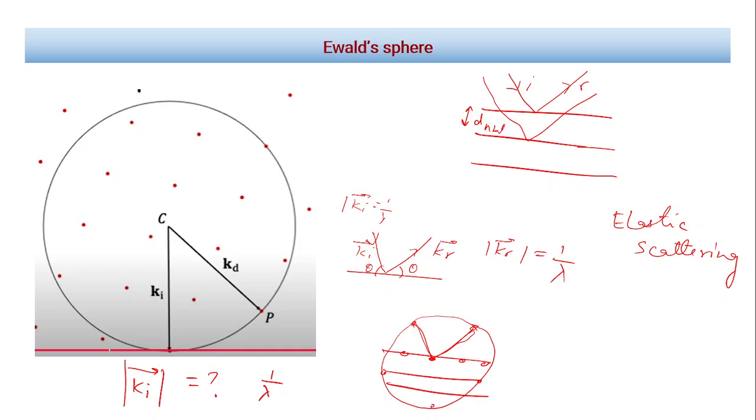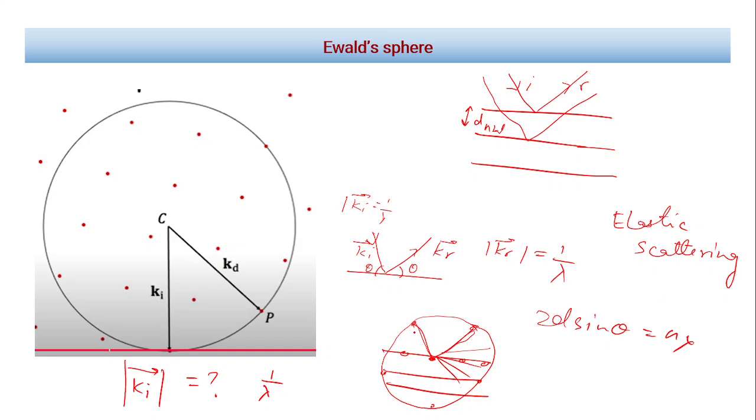It may sound a little complicated right now, but what it tells us in reciprocal space is this: if I take the incident vector with magnitude 1 over lambda and draw this sphere, the reflected one can go in all directions. We said that only the rays which satisfy 2d sin theta equals n lambda give constructive interference.